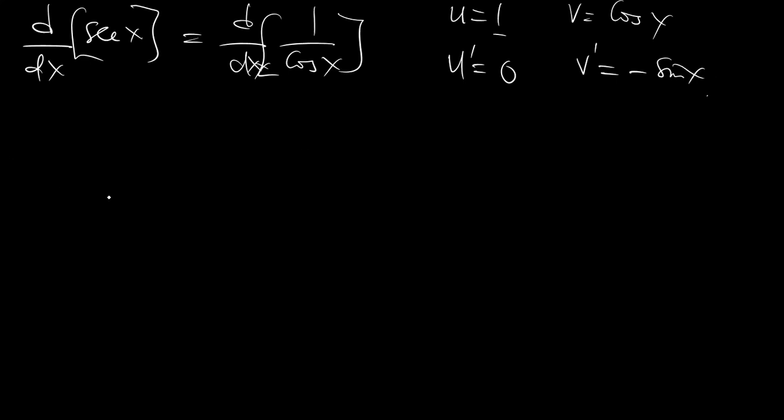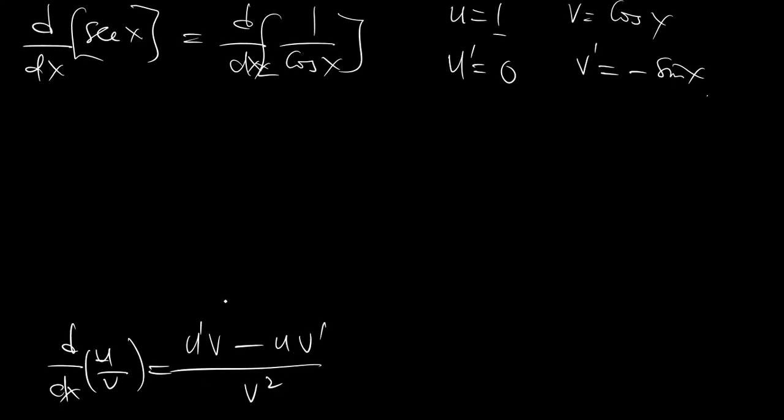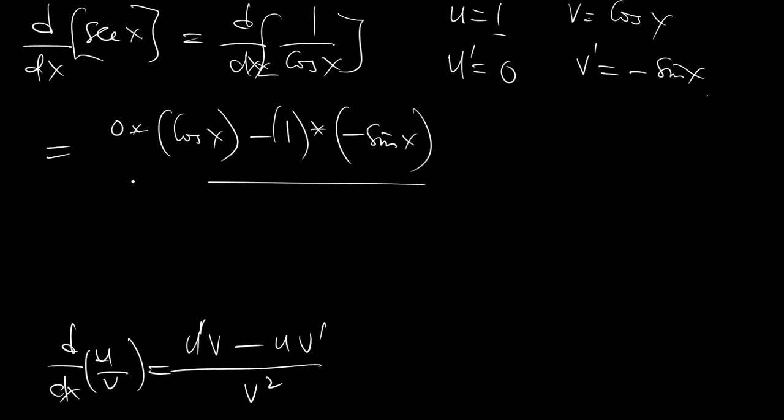Now if you apply that rule here, you have the derivative of u all over v equal to u prime v minus u v prime divided by v squared. So the derivative of this will be u prime, which is 0, times v, which is cos x, minus u, which is 1, times v prime, which is minus sine x, divided by v squared, which is cos squared x.